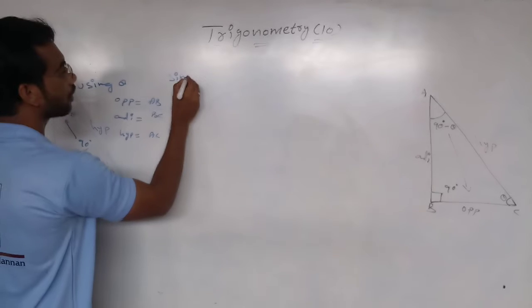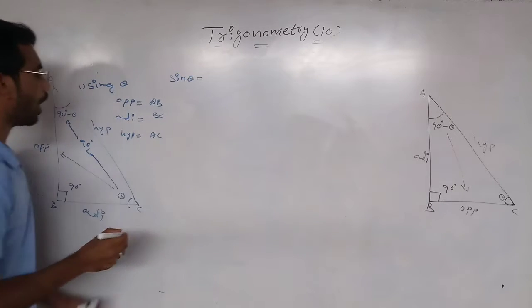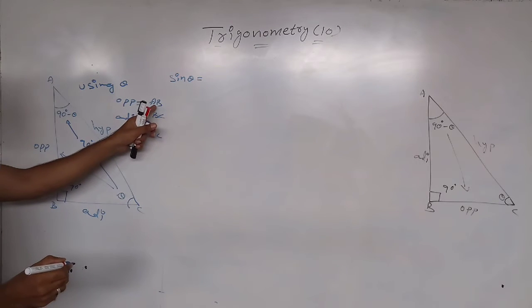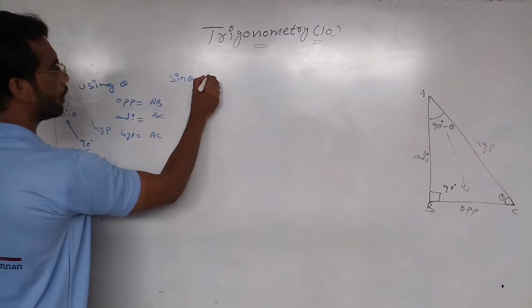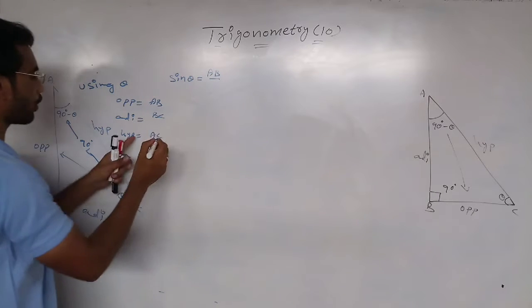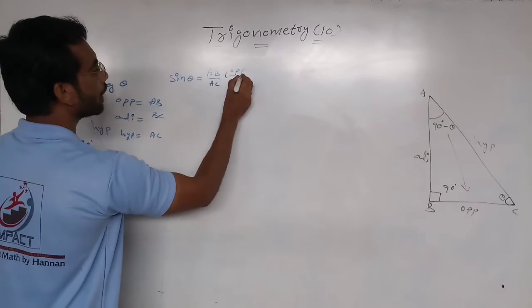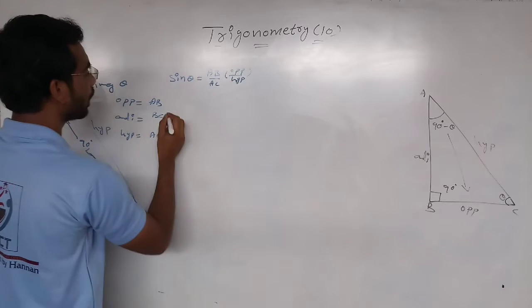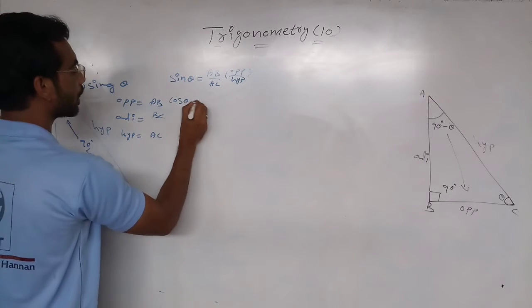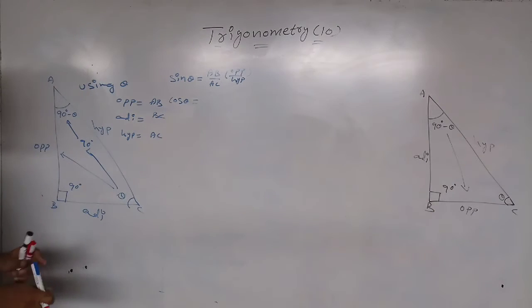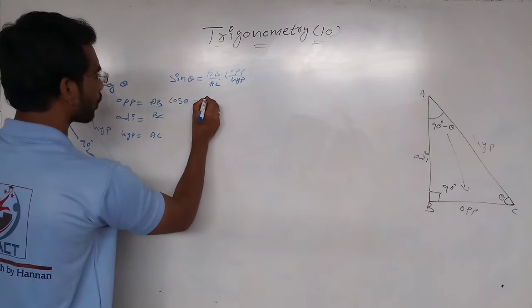Sin theta is equal to opposite by hypotenuse. What is opposite here? AB, by hypotenuse AC. Next, cos theta is equal to adjacent by hypotenuse.